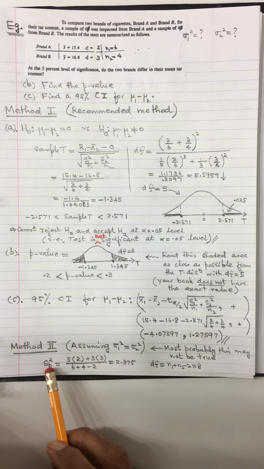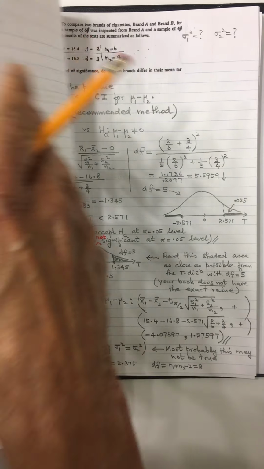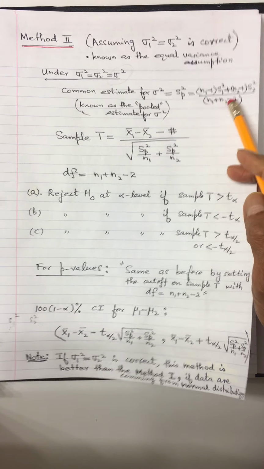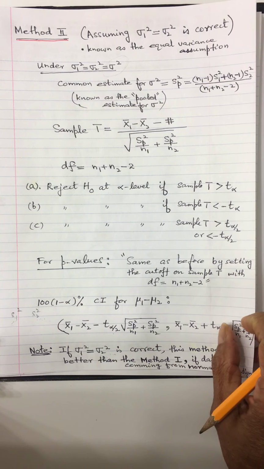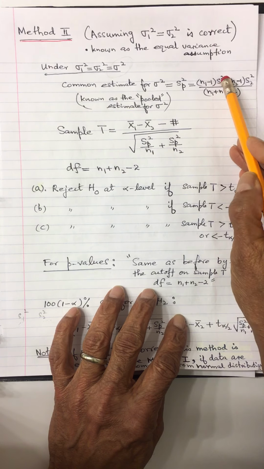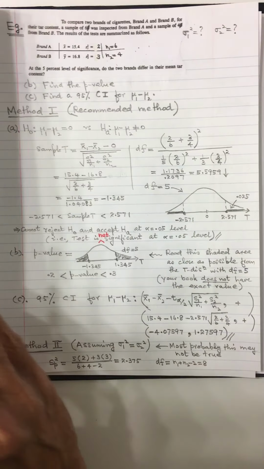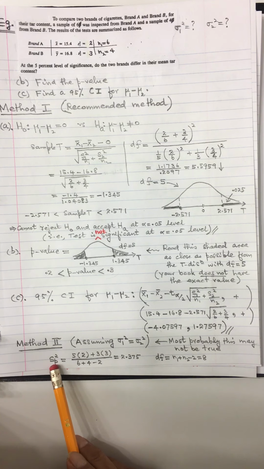So get the pooled estimate for the common variance, SP square, coming out of this formula right there. So the common estimate: put in those values, S1 square, sample size minus 1, this formula. That right there will give you SP square.